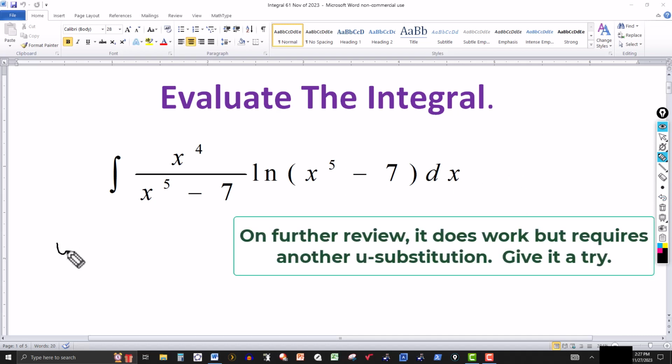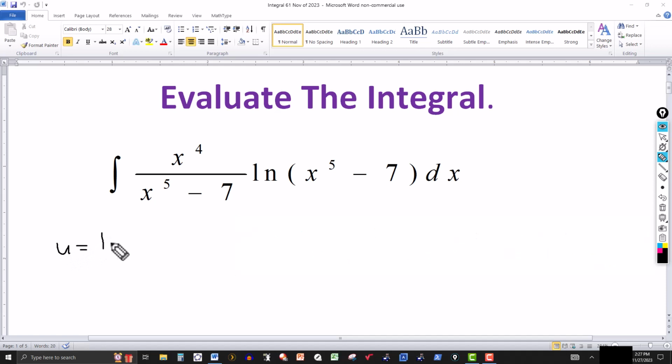So what about if we let u equal the natural log of x to the fifth minus 7. Then du would equal the derivative of the natural log.